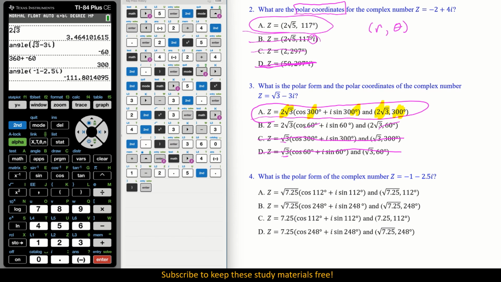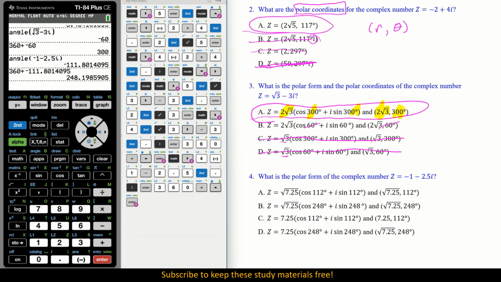Okay, so obviously I have to subtract that from 360. So 360 plus, I go up and then bring it down and enter again. 248, round to 8. So let's see, anything that's different, we can eliminate.